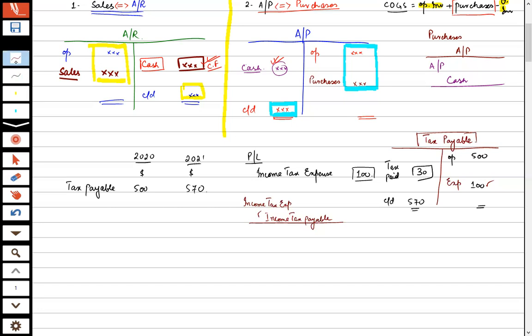And this amount, tax paid, will be reflected in the cash flow statement in the direct method. So these workings will appear in the cash flow statement under the direct method. We have to make calculations of the cash paid to the authorities, cash received from the customers, like that.